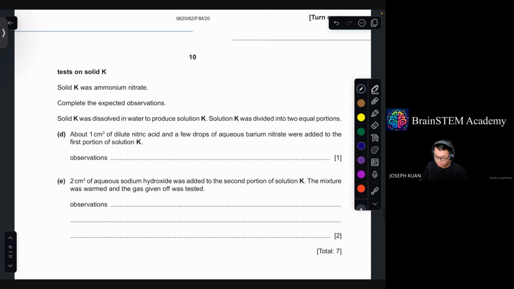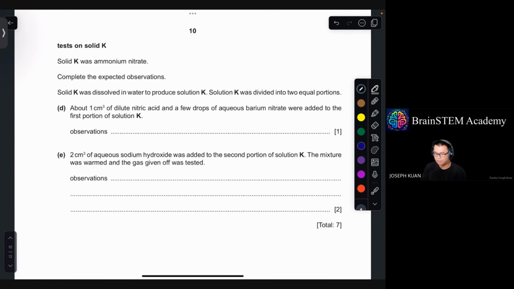All right, moving on to the next question. Test on solid K. Solid K was ammonium nitrate. Complete the expected observations. Solid K was dissolved in water to produce solution K. Solution K was divided into 2 equal portions. D. About 1 cm cube of dilute nitric acid and a few drops of aqueous barium nitrate were added to the first portion of solution K. What's the observation?